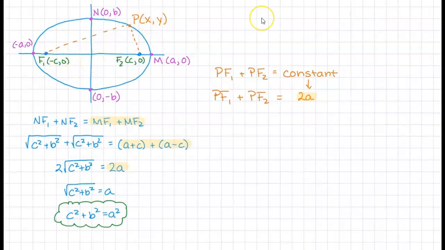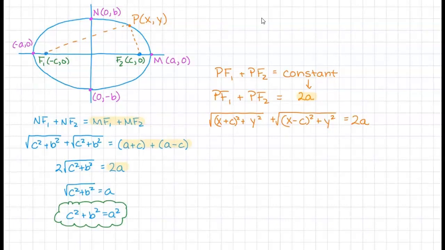So the distance from P to F1 is the square root of (x minus negative c) squared plus (y minus 0) squared. And then the distance from P to F2 is the square root of (x minus c) squared plus (y minus 0) squared. And we know that that equals 2a.